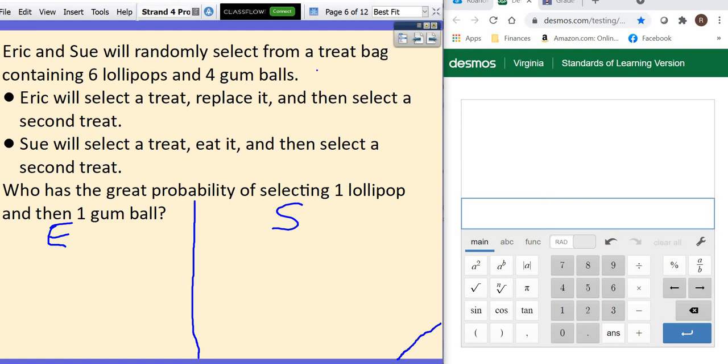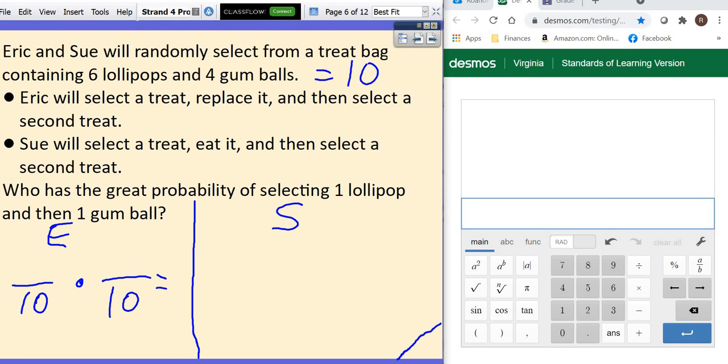So first of all, in the treat bag there are 10 items. Eric is going to select a treat, and then he's going to put it back. So that means 10's on the bottom both times. Let's see what Eric does. He's going to select a treat, put it back, and then select a second treat.